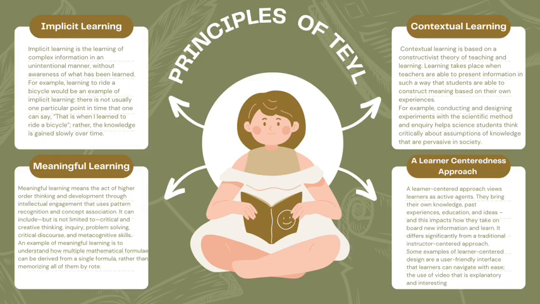Like when we were children, we learned to ride a bike, but we were not aware that we were learning it, and we enjoyed doing it. So that is implicit learning.